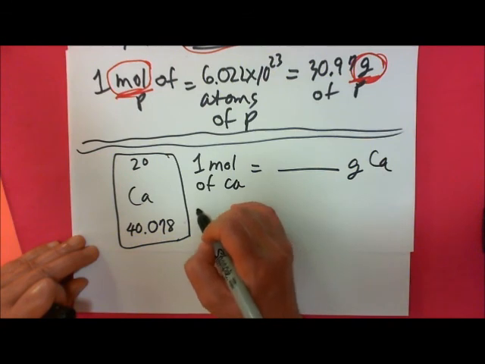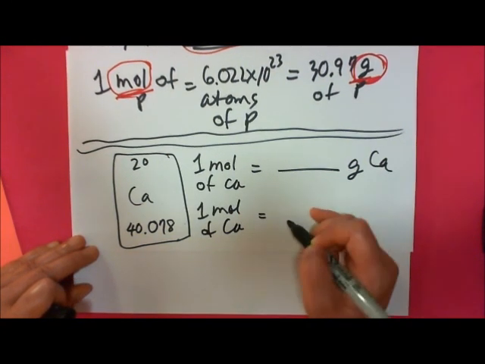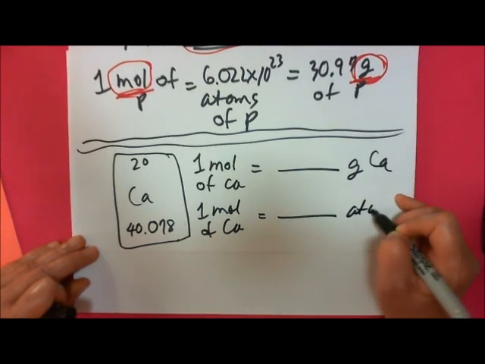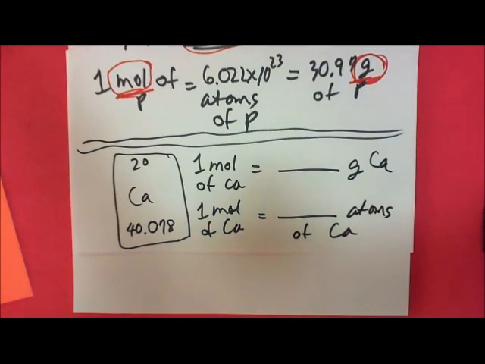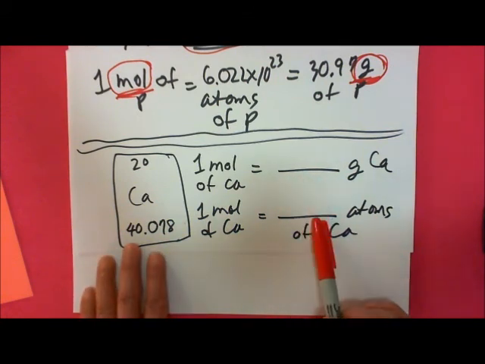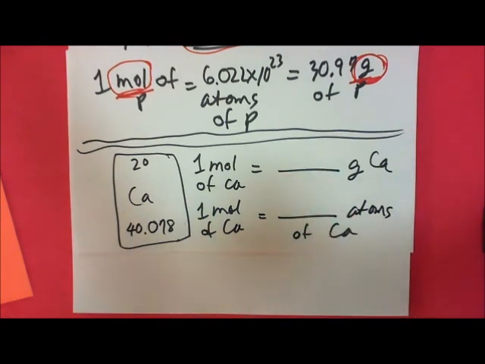I can also ask for 1 mole of calcium, how many atoms of calcium do I have? That's a perfectly reasonable question that I can ask on the next quiz. I give you a periodic table, and then you'd fill the appropriate number into that little blank.